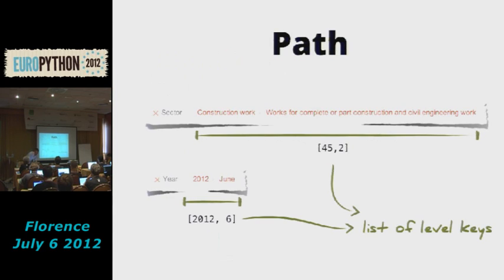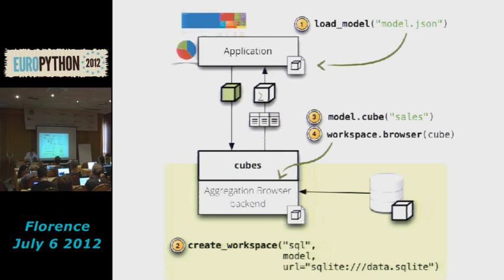The cell is defined by cuts, and one cut is specified by the path. So June 2012, you have 2012 at the level of the year, and this is June. I will go in details. We will create a model later on, but just to show you how it works. So you load the model either from a JSON file or create from a dictionary, or you can construct your model directly from classes, which is not recommended, but you can still do that if you are generating model from another application or different kind of models by yourself.